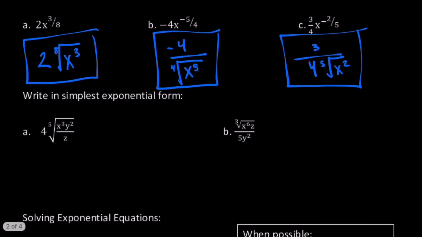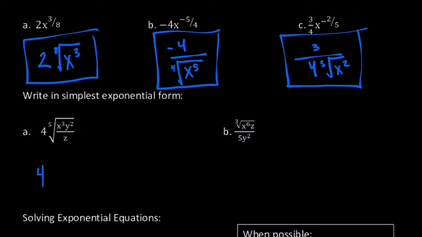This next group, we are going to write in exponential form. So I know it doesn't specifically say this in the directions, but I want you to rewrite this term here without a radical and without a fraction. So first thing to realize, this 4 is not part of the radical whatsoever, so we'll bring that down. And here's usually how I handle these.